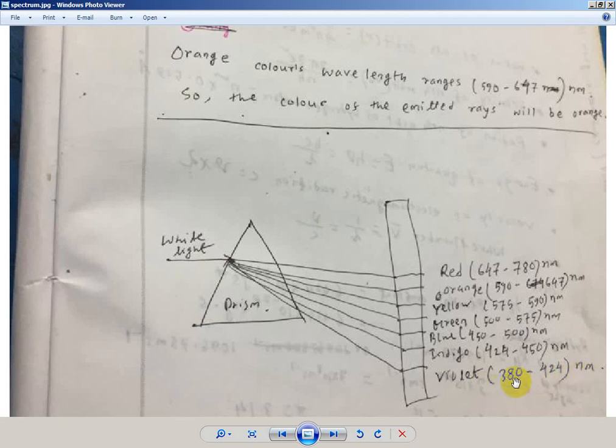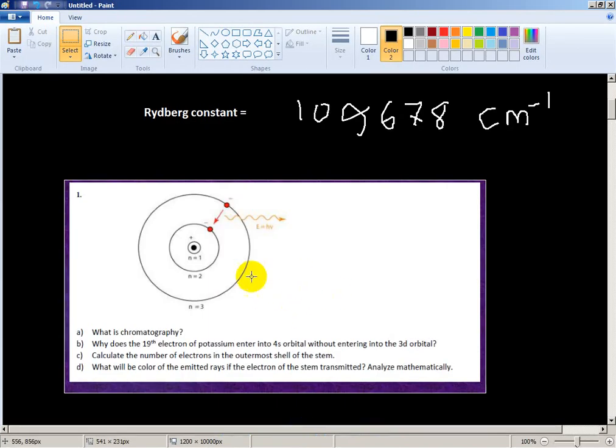If we find a wavelength in this range, the color is violet. So we first need to calculate the wavelength.